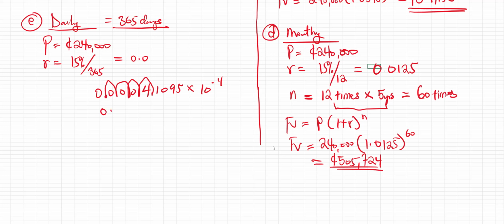It's 0.0004. Times 100, that means 0.04%. That's it. Which means this is 0.0004.